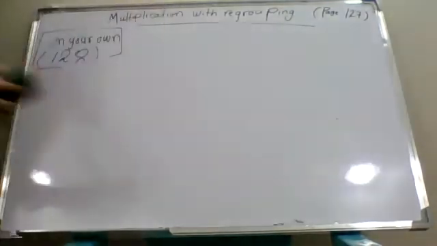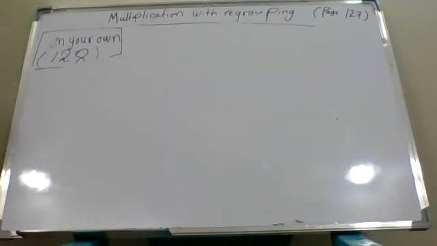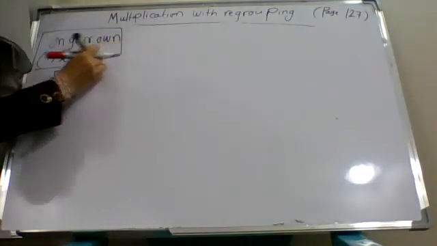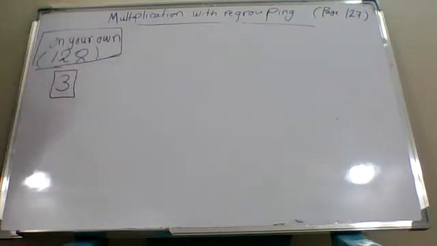Let's do number 3. I will read the exercise. Ali borrows 6 books from the library every month.